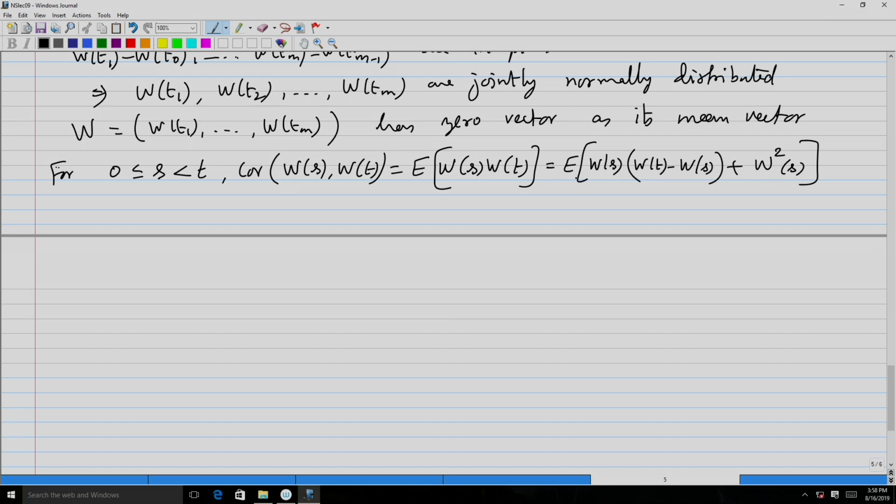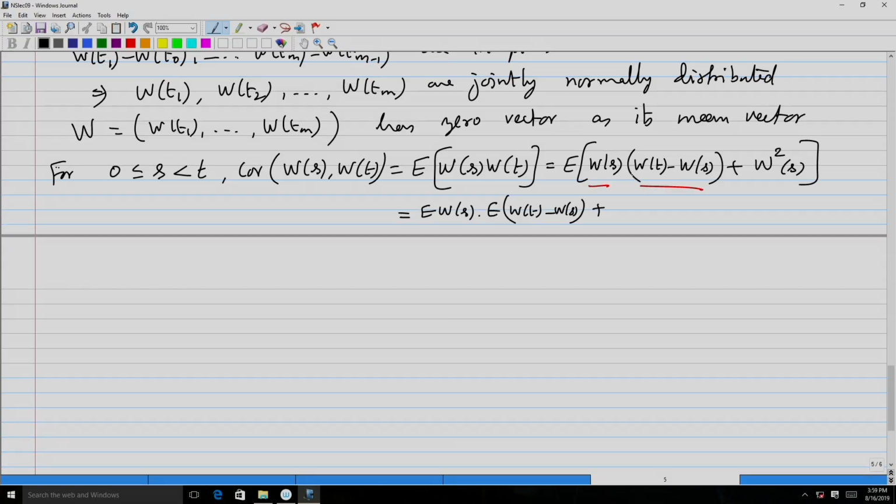Now, since the expectation operation is linear, I can separate this, and in the first quantity, Ws and Wt minus Ws are independent. So I can write this as expectation of Ws times expectation of Wt minus Ws, plus expectation of Ws squared. Because the expectation of Ws is 0, this is nothing but the variance of Ws, and the other quantities are 0.